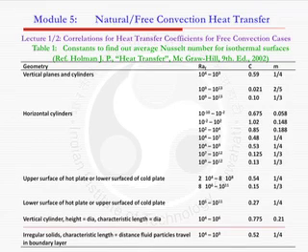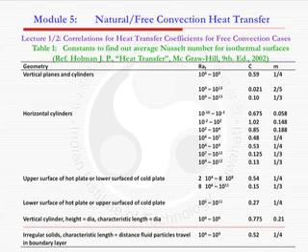As we said in the last lecture also, there is a table. In this table, there are different kinds of geometries being discussed, like vertical planes and cylinders, horizontal cylinders, then upper surface of hot plate, lower surface of cold plate, then lower surface of hot plate, upper surface of cold plate, and so on, irregular solids, then vertical cylinder and their height, diameter conditions, and all these things are there.